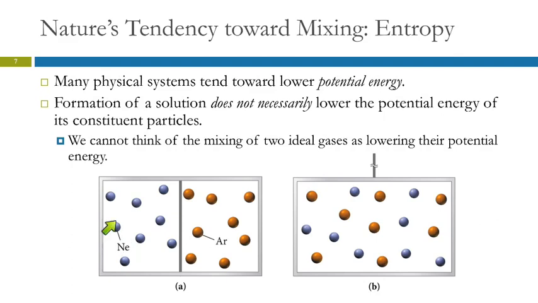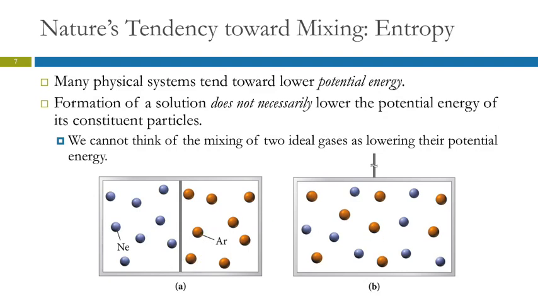If we look at this example here, we have two gases, argon and neon, in a container. They're separated. When we remove that barrier, the gases are going to mix, right? Because gas particles move in straight lines till they run into something, and so they're going to mix. They're actually going to mix much faster than pure water and salt water will mix.